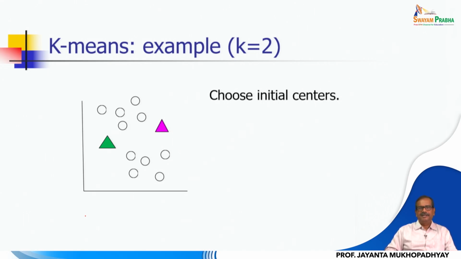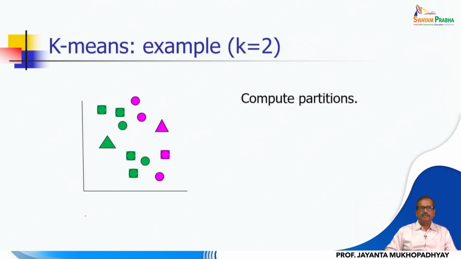I am also using 2 colors to denote the class attributes of a data point. Initially, if you choose these centers and assign each data point to the class whose center is the closest, you can compute those partitions. The green data points belong to the same cluster because the green center is closest to them, and vice versa.